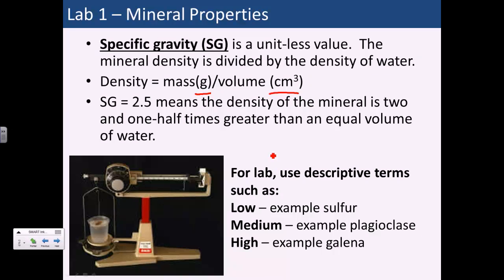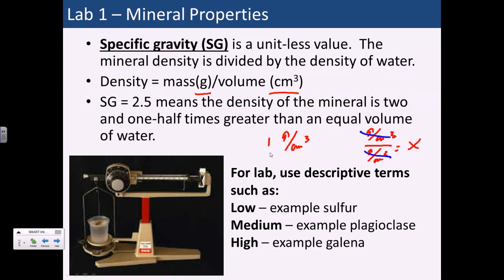Now, water is 1 gram per cubic centimeter. That's its density. So if we take grams per cubic centimeter divided by grams per cubic centimeter, all of these units cancel.